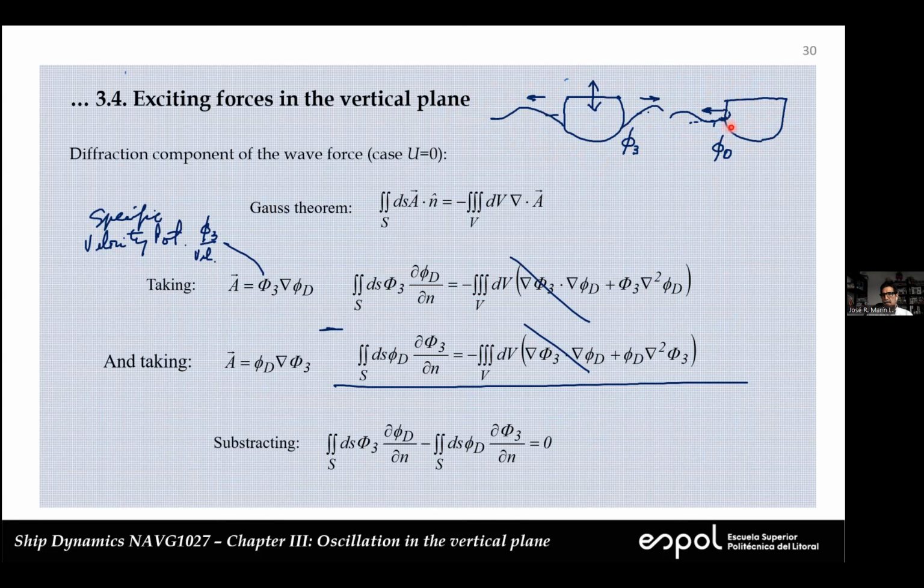We have the ship with no motion. Remember, this is partial. So the only non-zero parameter that we consider is the incoming waves. And once the waves reach the hull, they diffract, so it's like they move away. So it's similar to this one here.